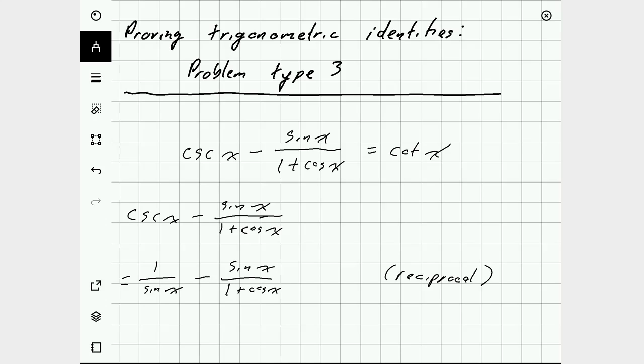And since I know that my end result doesn't want to have a couple of things subtracted, my goal is to combine these fractions, which means I need to find a common denominator. There is a brute force choice. Let's just multiply that first fraction top and bottom by 1 plus cosine, and let's multiply that second fraction top and bottom by sine.